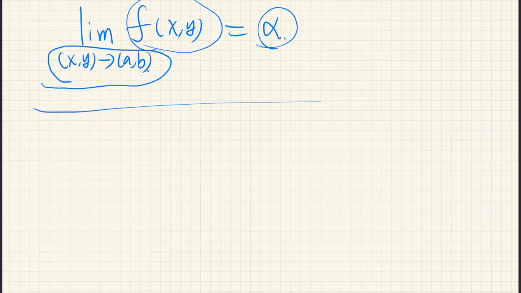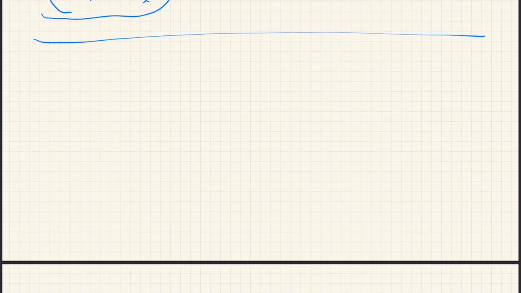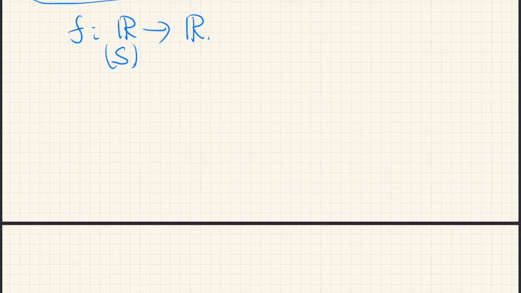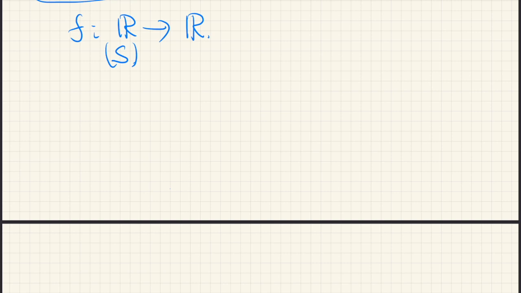Okay, let's recall the definition of limits for univariate functions. Let's say we have a function from real numbers to real numbers, or any subset of real numbers to real numbers, okay? Then we say this limit f of x approaches alpha when x approaches a.